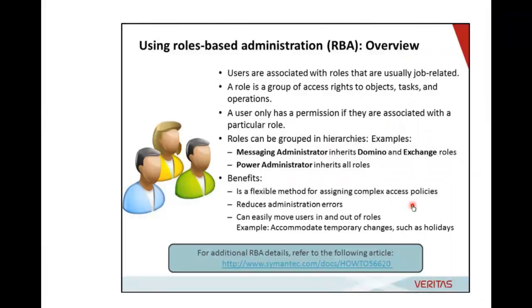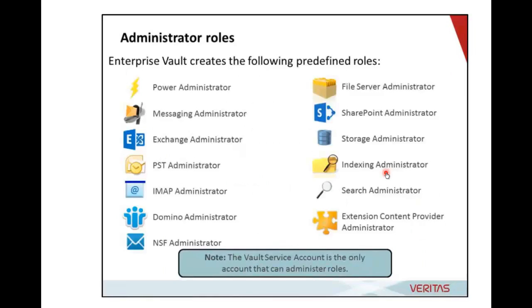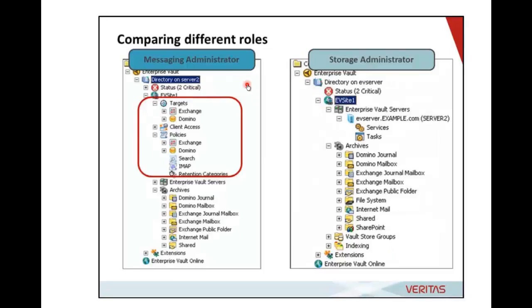Here we are back at the roles-based administration slide. The information in these next few slides we looked at while we were on the Enterprise Vault server. We examined the different administrator roles, power administrator, etc. We said the Enterprise Vault console was role-aware, and we compared the difference between the two console windows of users with different roles.